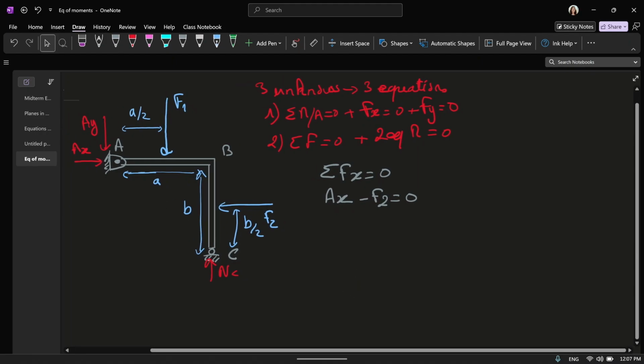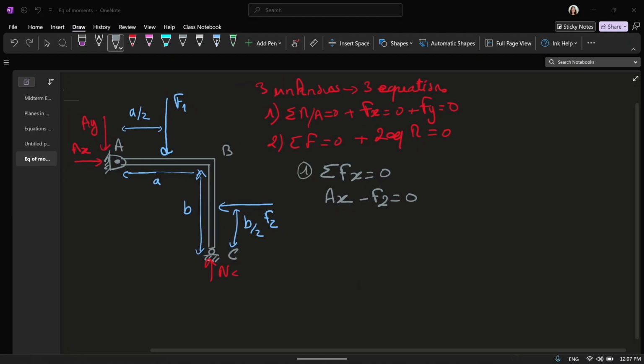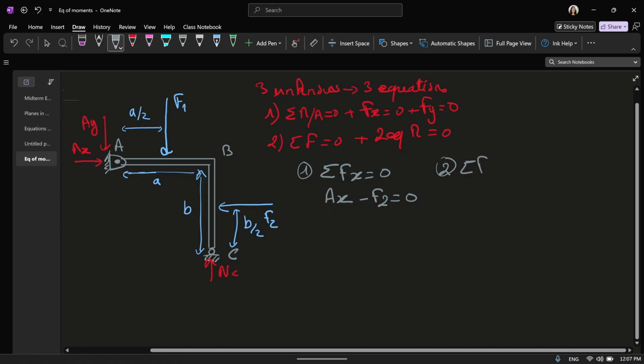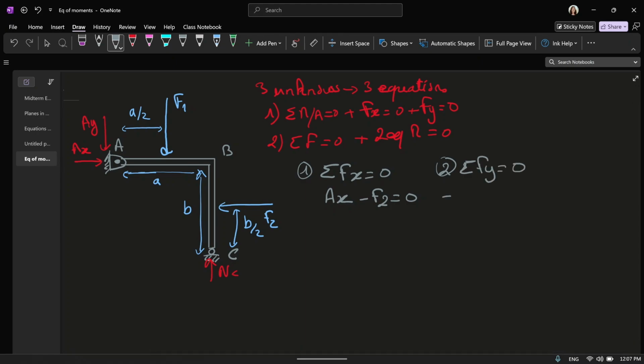Okay, equation number 1. Equation number 2, let's do the sum of the forces on y equals 0. What do we get? We get minus AY minus F1 plus NC equals 0.